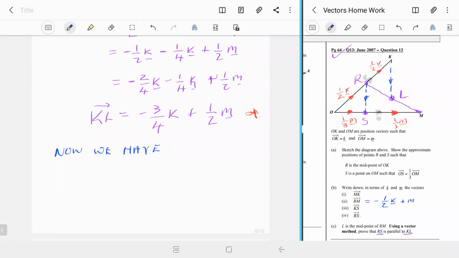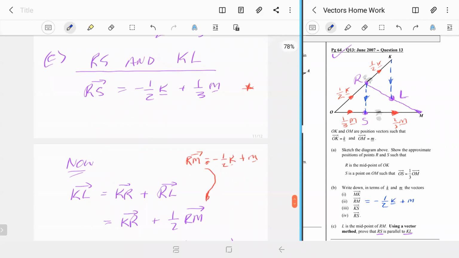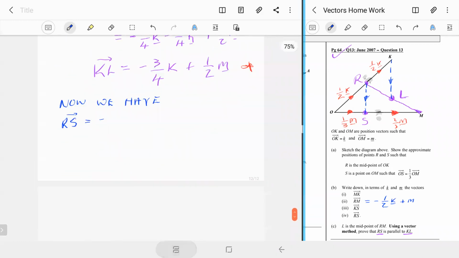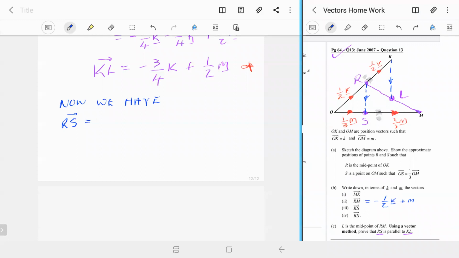Now we have the RS, which is minus half K plus a third M, and the KL is minus 3 over 4 K plus half M. So we have those two vectors now to show that they're parallel.